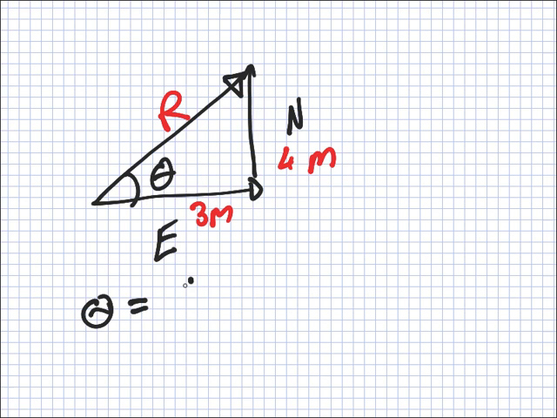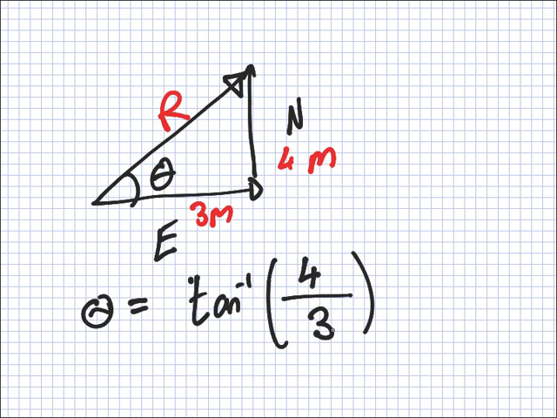Let me show you. You need to press Shift, tan, and then 4 over 3. What do you get? 53.131.